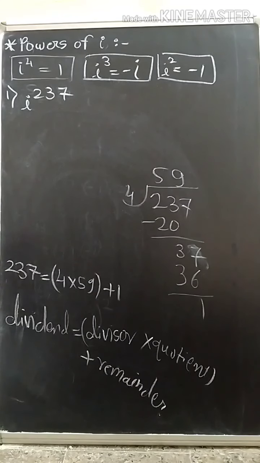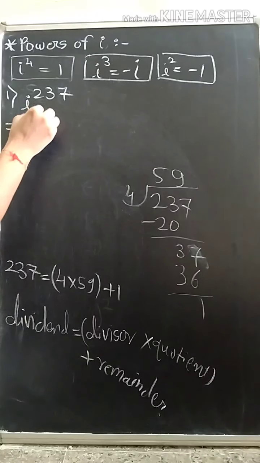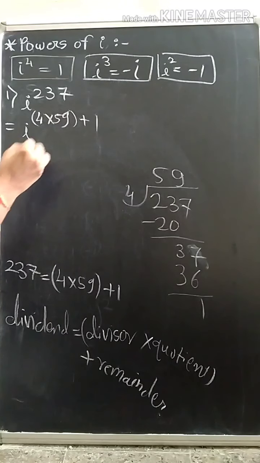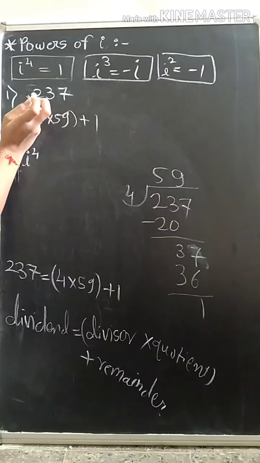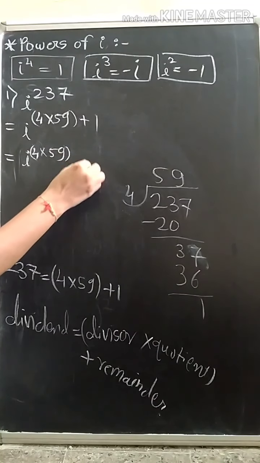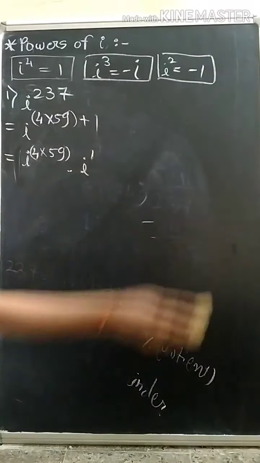Okay. So this power, we replaced 237 with 4 into 59 plus 1. So i raised to 4 into 59 into i raised to 1. How did we write this?